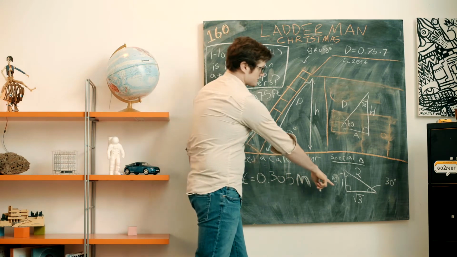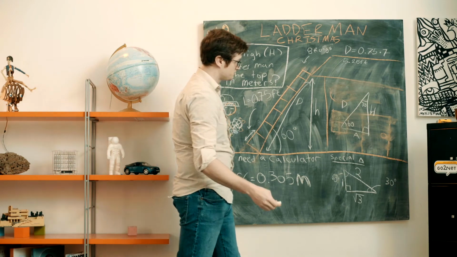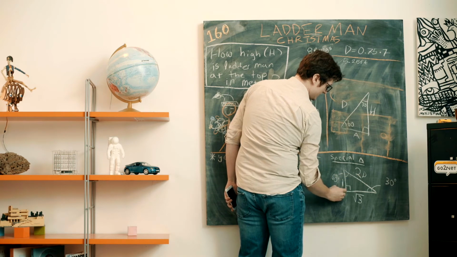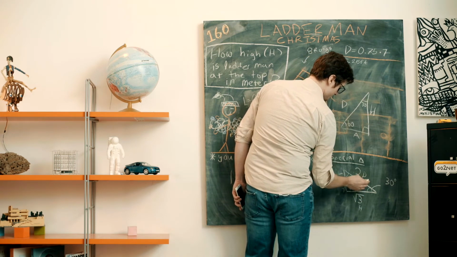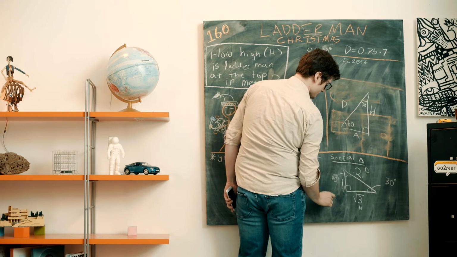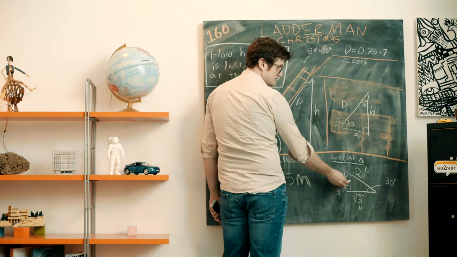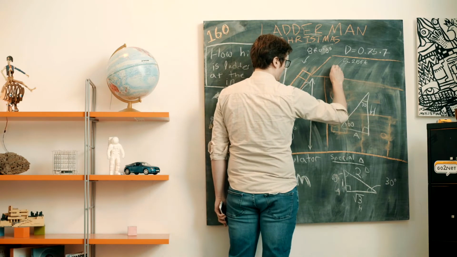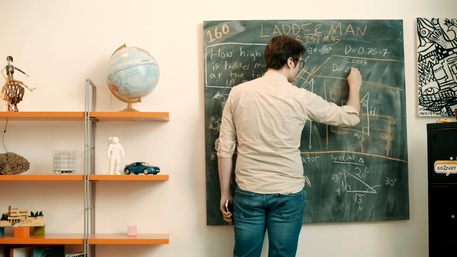And by looking at the special triangle, these proportions are going to be constant. So the proportion between D, A, and H, we can use these proportions to figure out the relationships between the sides. For example, D is always 2 times A. So from our special triangle, we know that D is equal to 2A.